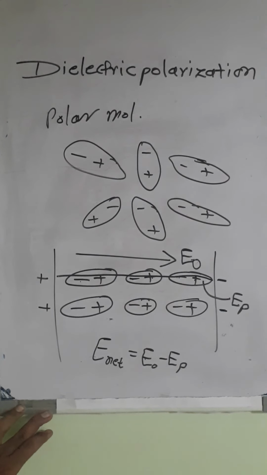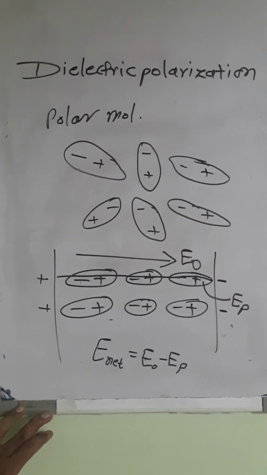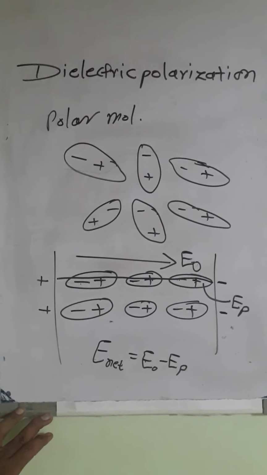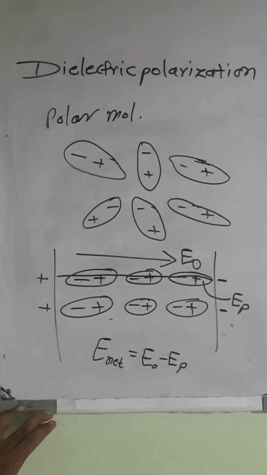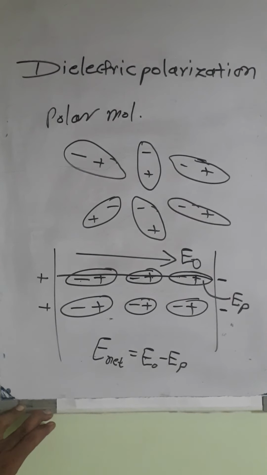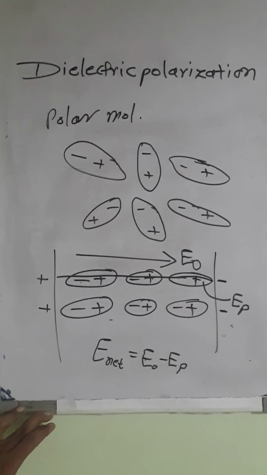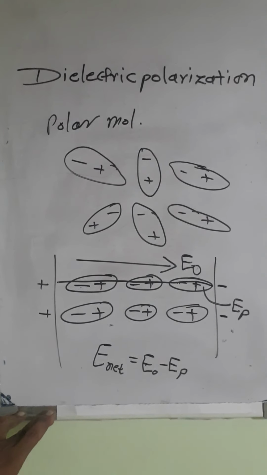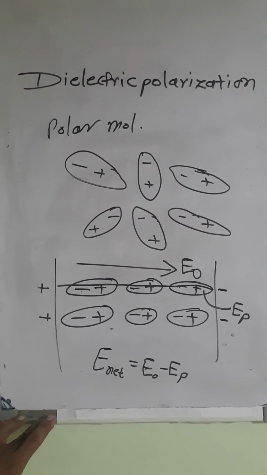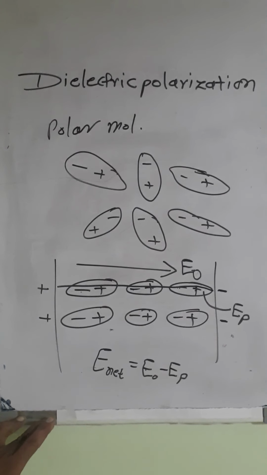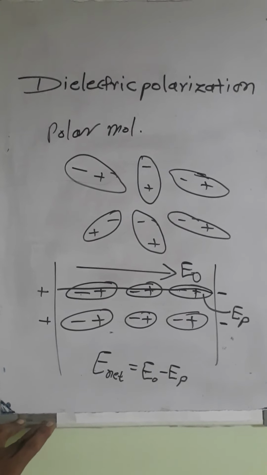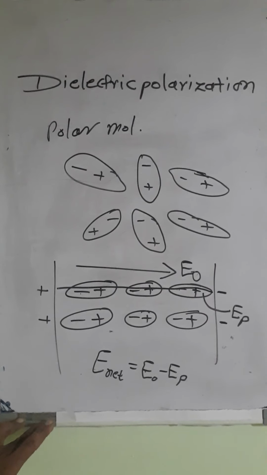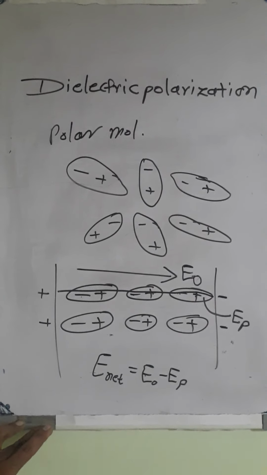This phenomenon is known as electric polarization. The magnitude of the induced dipole moment is directly proportional to the magnitude of the external electric field. The direction of the induced dipole moment is parallel to the direction of the electric field.